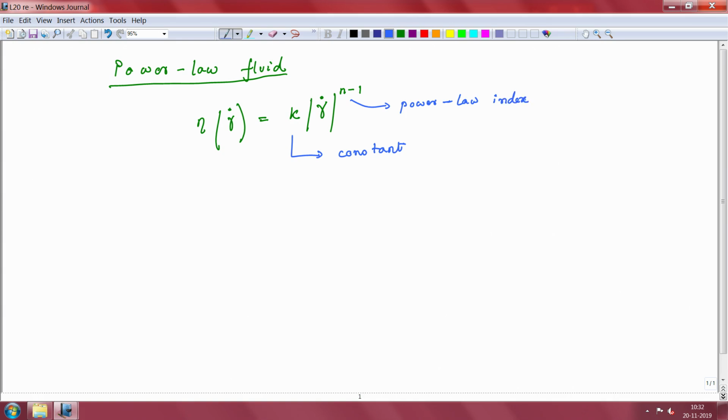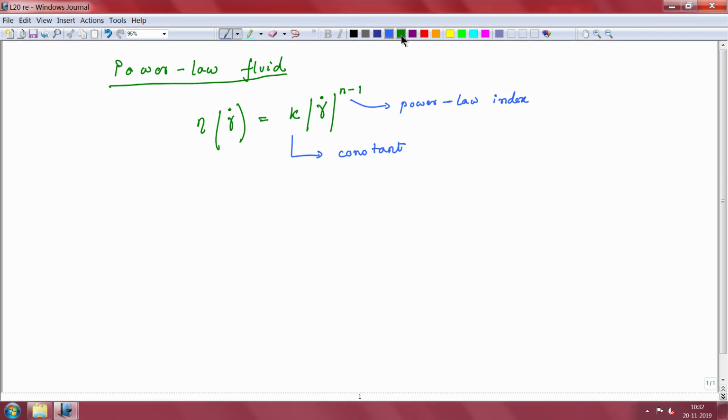For high shear rates, you can show that the Carreau model can also be reduced to this particular form. Okay. But usually the power law fluid formulation is meant for calculating the viscosities in a given shear rate regime.